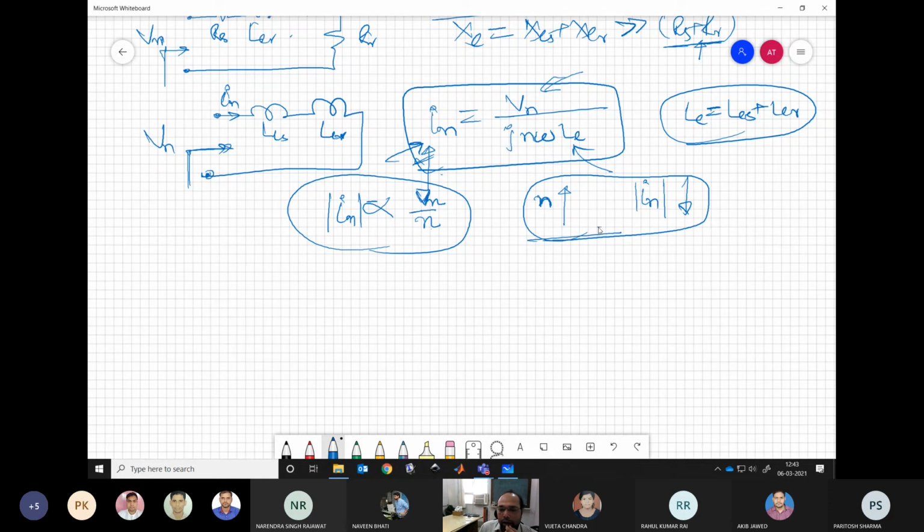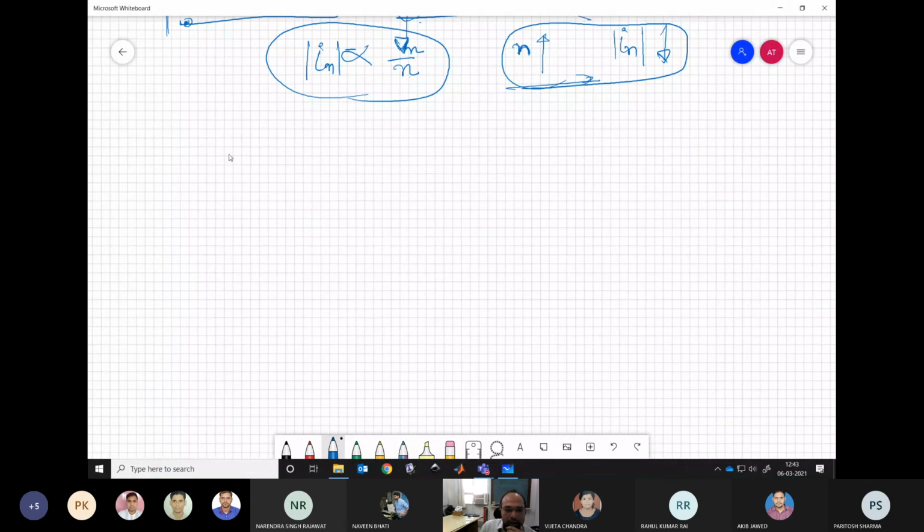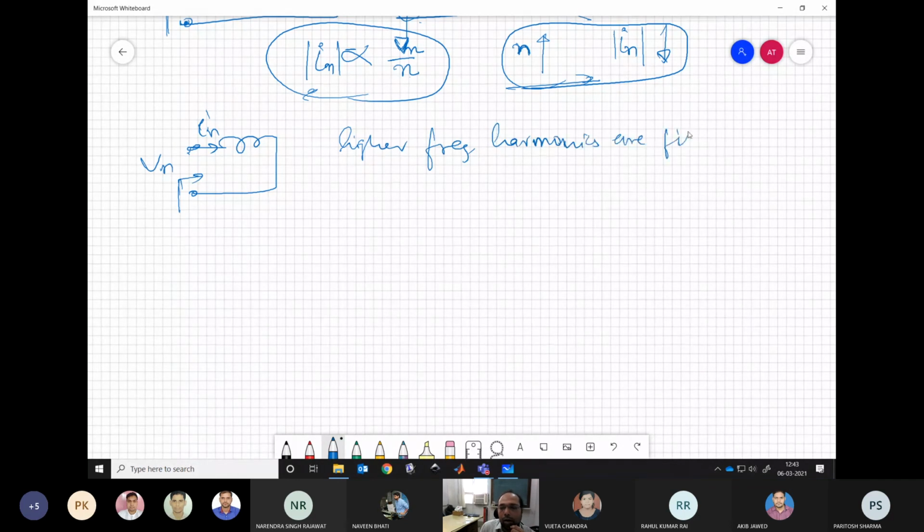So there is some kind of natural filtering happening for this induction motor. The leakage inductances are basically filtering out the harmonic voltages at higher frequencies. So higher frequency harmonics are getting filtered.